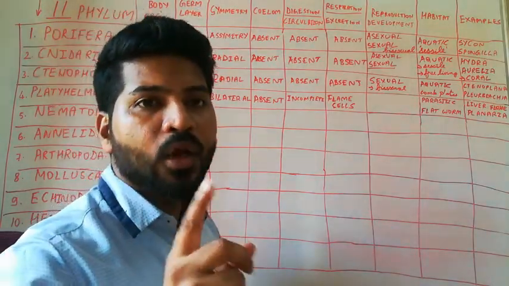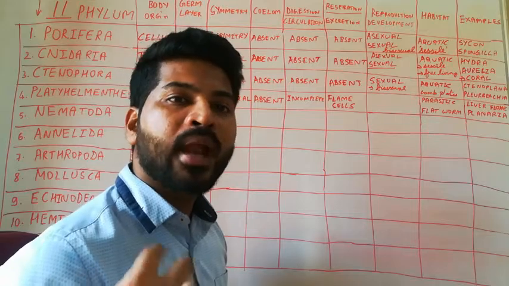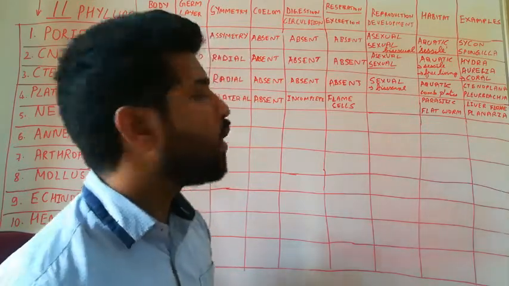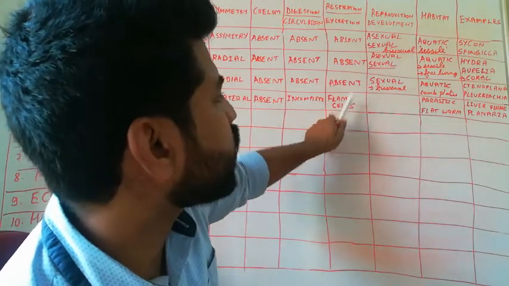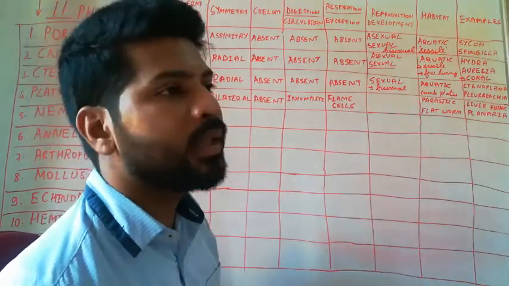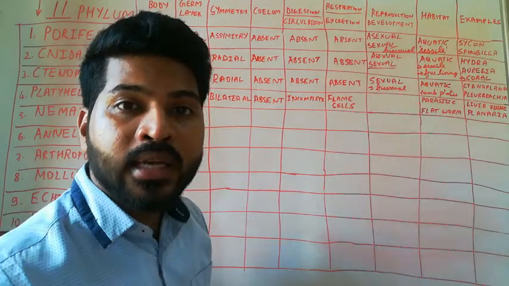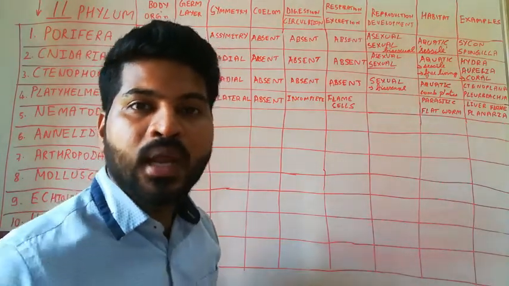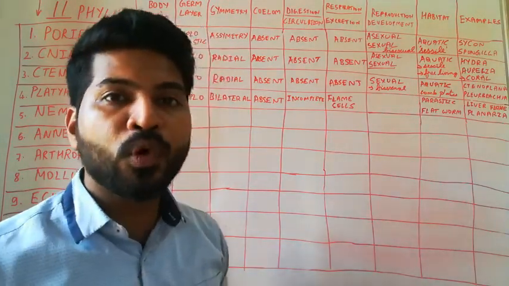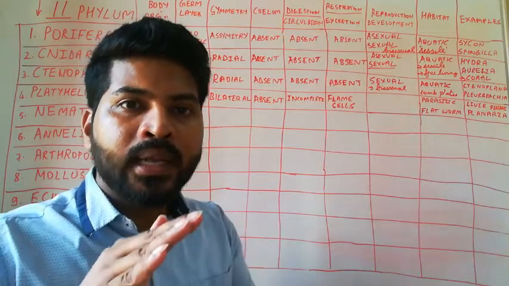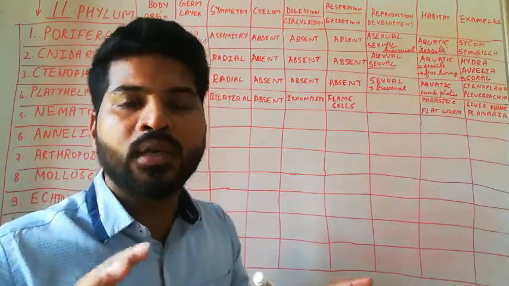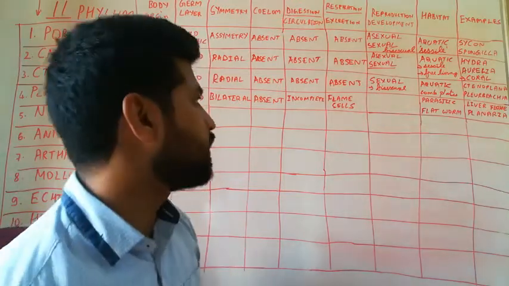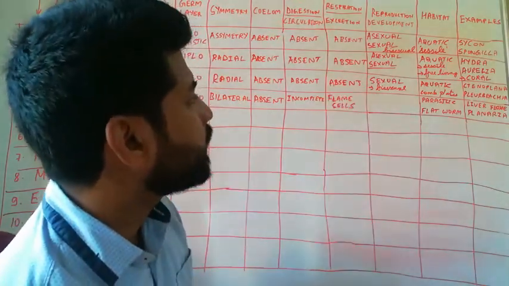There is a single opening through which food is taken and through which waste is thrown out. So incomplete digestive system is seen. Specialized organs called flame cells will help in the process of excretion, that is removal of waste, and also it helps in osmoregulation, that is maintaining a balance of water and salt inside the cells. So that is flame cells.